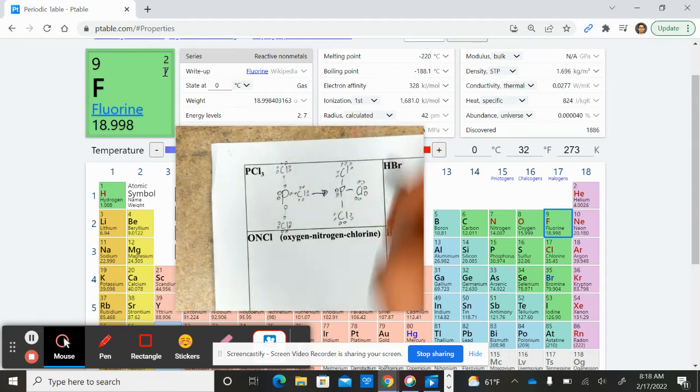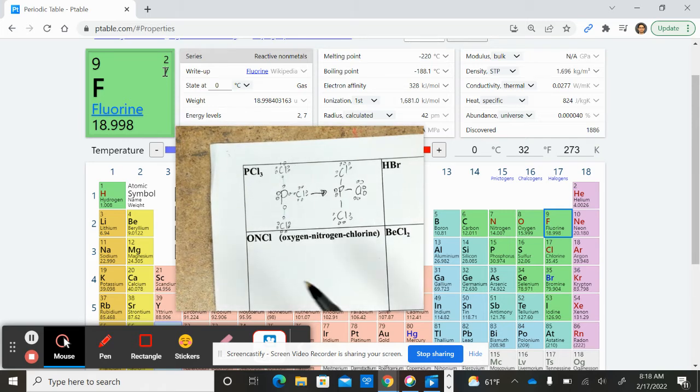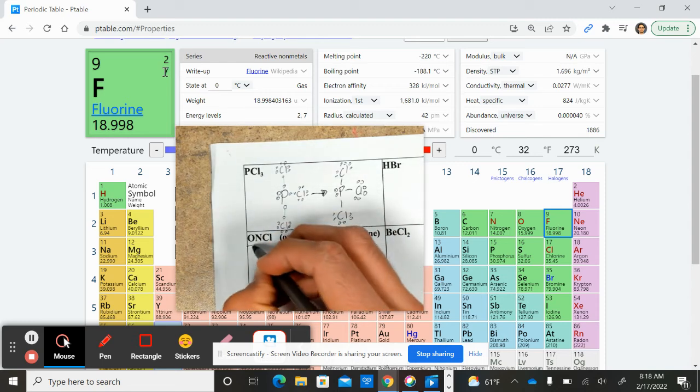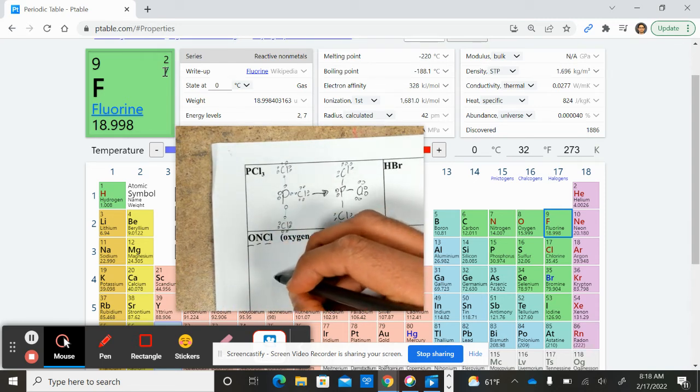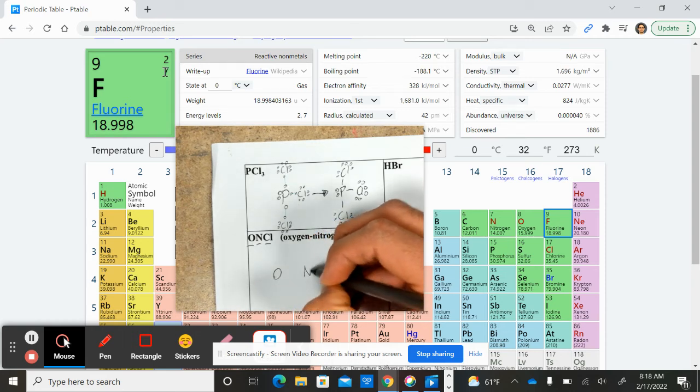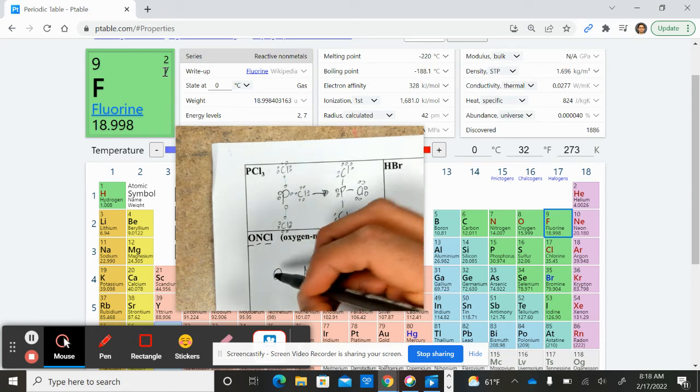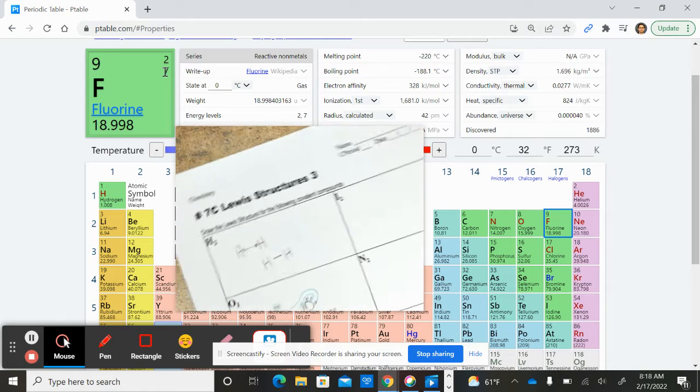And there it is. All right, so now this one, in case you're having trouble with it, we have oxygen, nitrogen, and chlorine. So now it is O, N, and Cl. So let's see what's going to go on. So I'm going to draw oxygen. Once again, we already did this before.